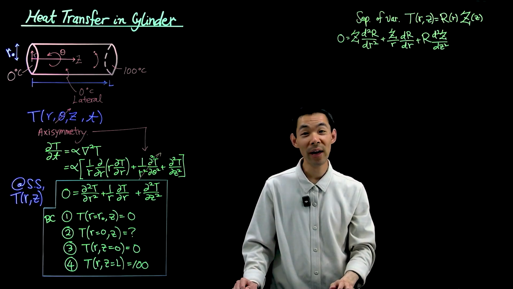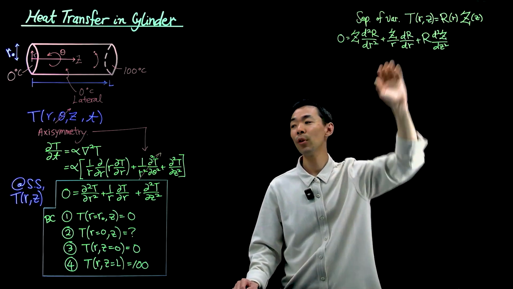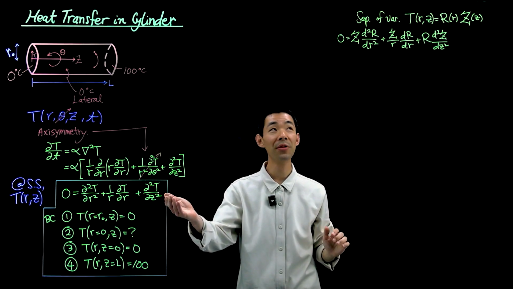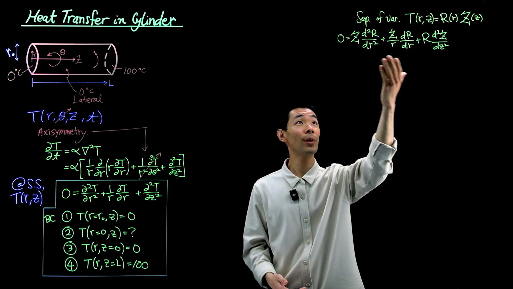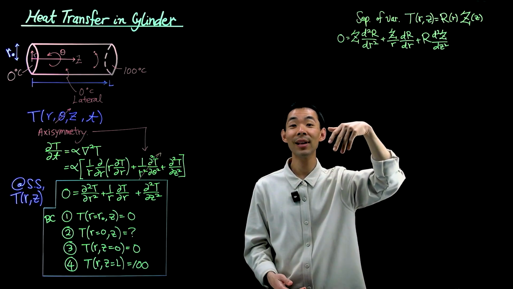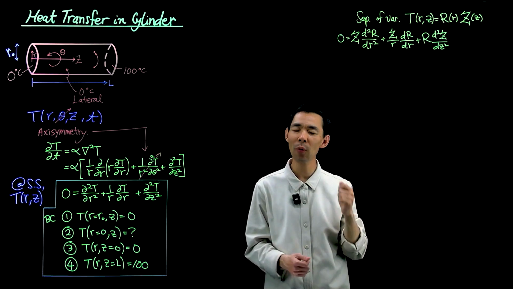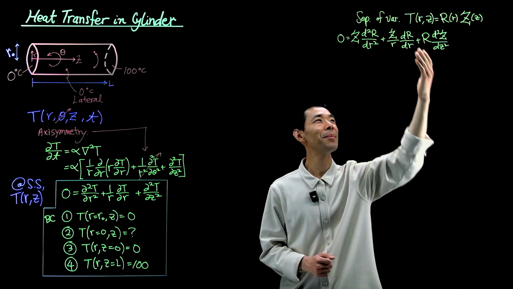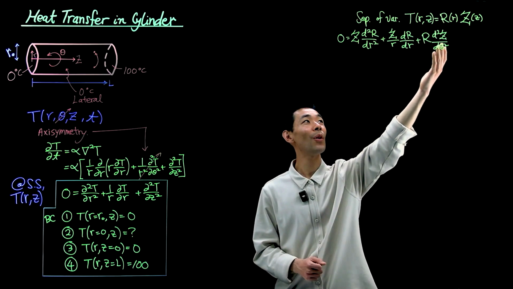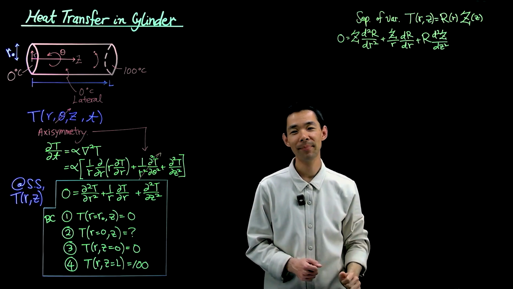This is direct substitution into the partial differential equation. For the first two terms, the capital Z function can come outside of the r derivative because it's only a function of z. The last term is not a function of r, therefore the capital R can come outside.